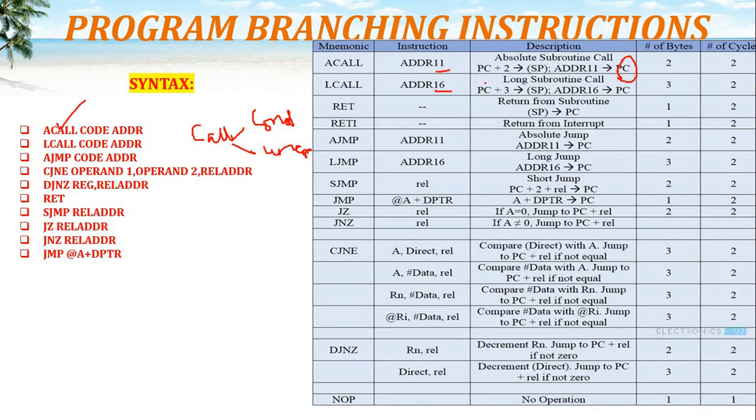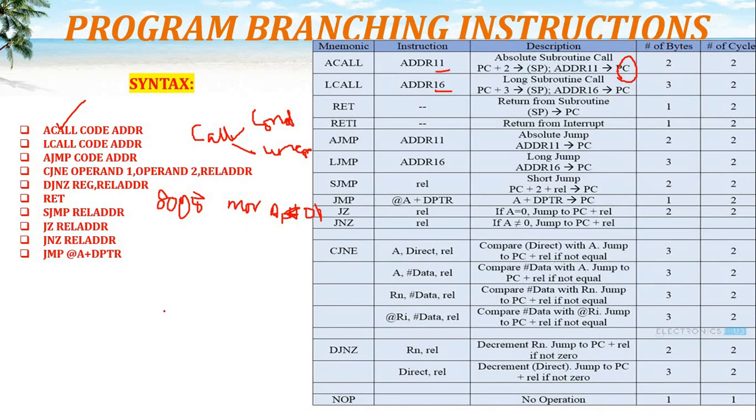What is this LCALL? It is a long subroutine call. If I'm having a program in the initial stage, and I want just one instruction, I'm giving 8005: MOV A, #01.